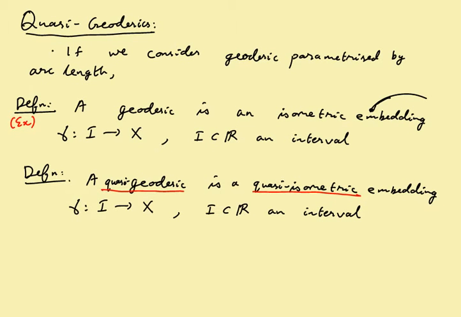So this is our definition, and so we have a new notion of quasi-isometry. But what does that give us here? Well, the first result it gives us is what we wanted in some sense.